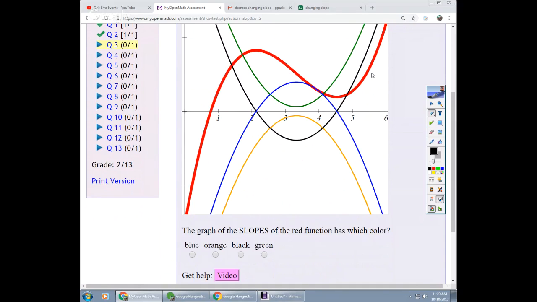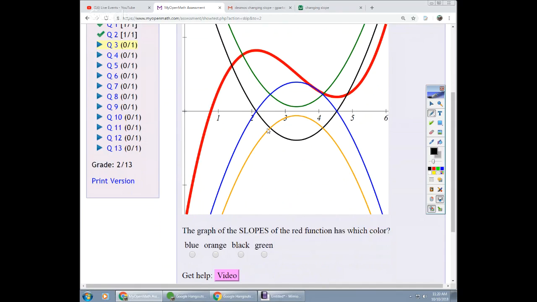Okay. So which one do you think does that of these other colors? Blue. Blue has negative values. So if blue is the slope function, it would say before 2, your function should have a negative slope, right? Because blue has negative y values here. Okay, so it's not blue. Black before 2 has positive values, so your function should have positive slopes before 2.